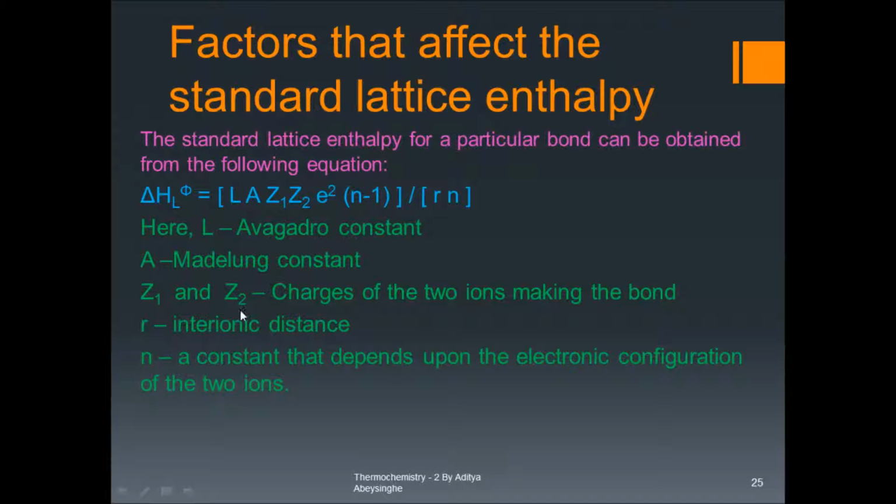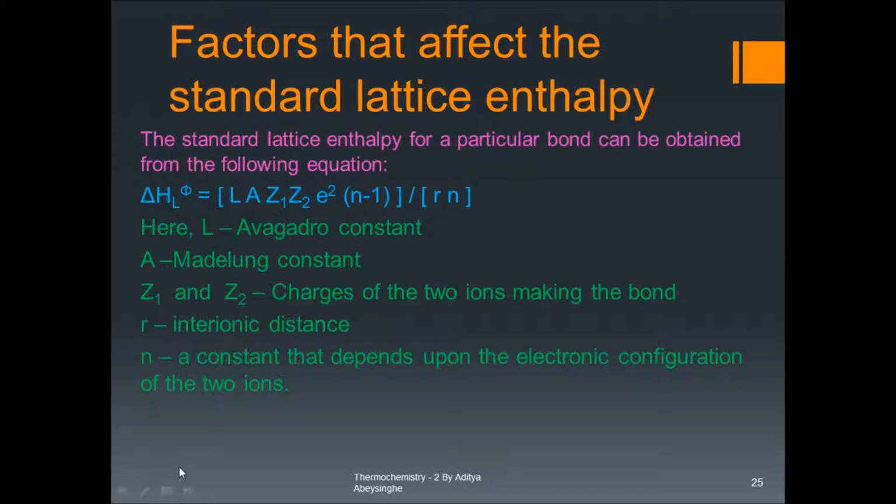And Z2 for chlorine is a uni-negative ion, so that will be minus 1.602 times 10 to the power minus 19 coulombs. E is the charge, R is the inter-ionic distance, and N is a constant that depends upon the electron configuration of the two ions. So if you want to calculate this, you need to know the values of A and N, and also R, the inter-ionic distance. If you know those values, you can calculate the standard enthalpy.